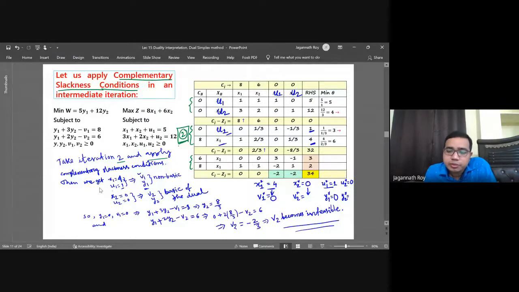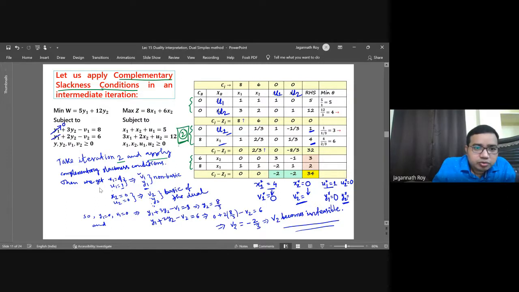So now the basic variables are v2 and y2. If you just substitute 0 for v1 and y1 here.